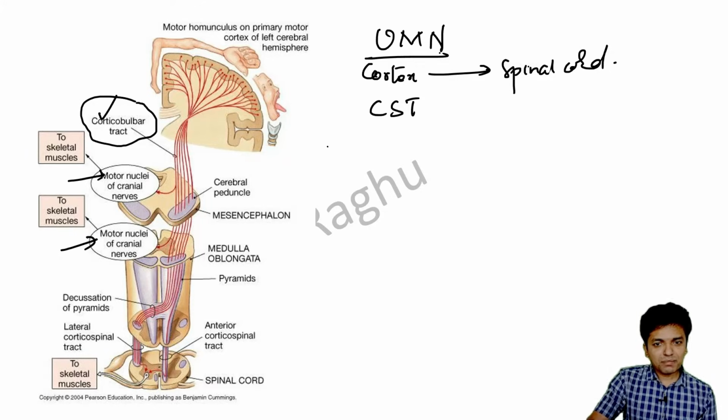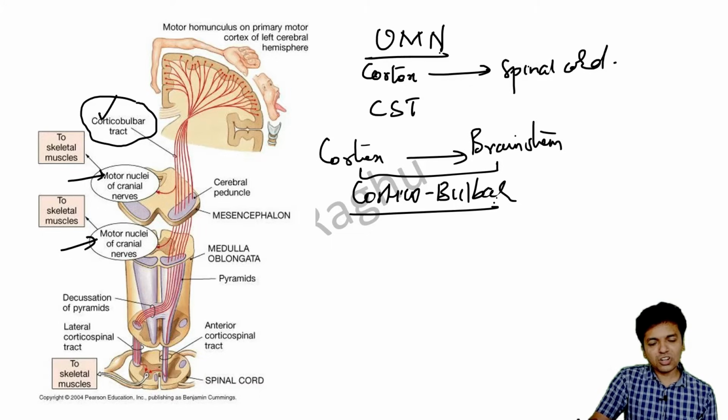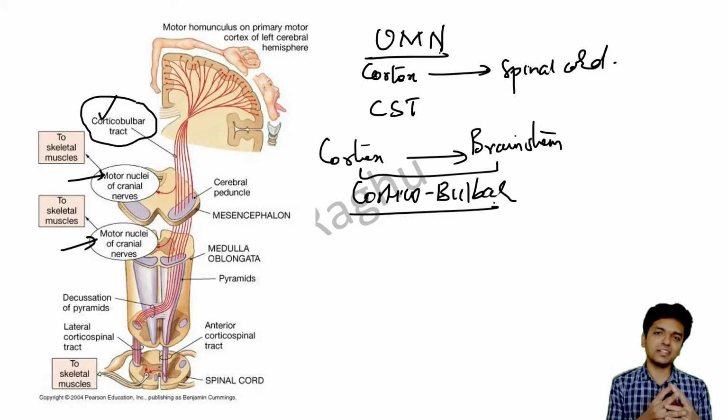So these are the fibers which arise from the cortex and terminate in the motor nuclei of the brain stem. What are these fibers called? These are called corticobulbar fibers, and corticobulbar fibers are intertwined with the corticospinal fibers.